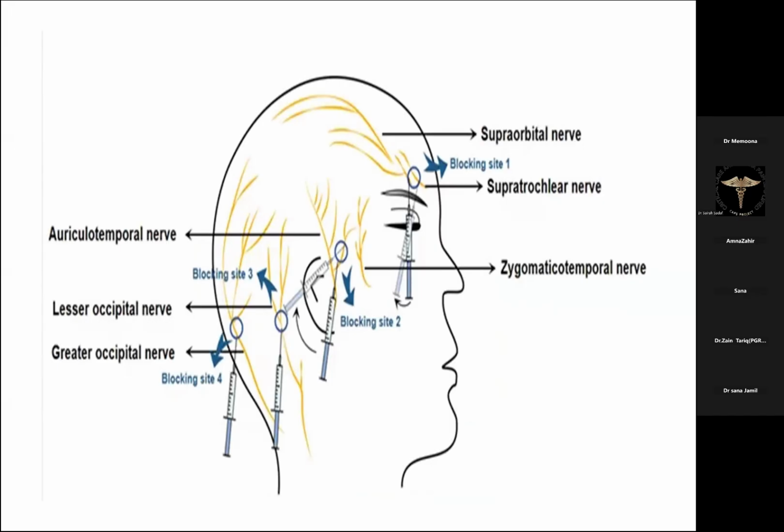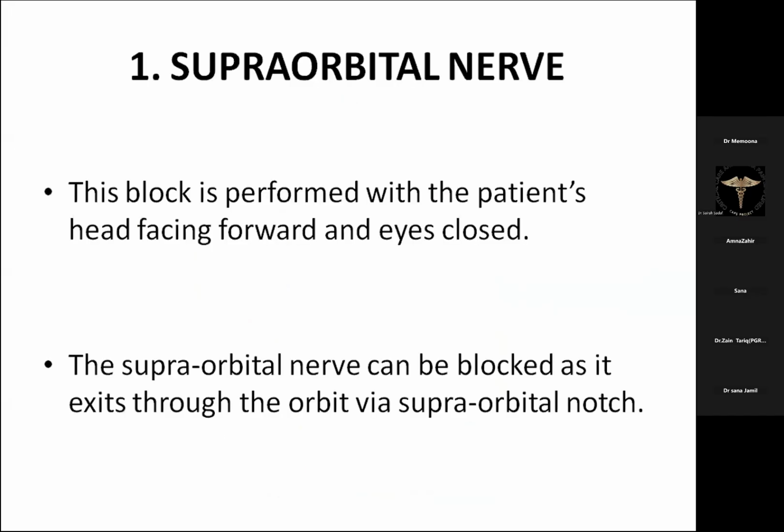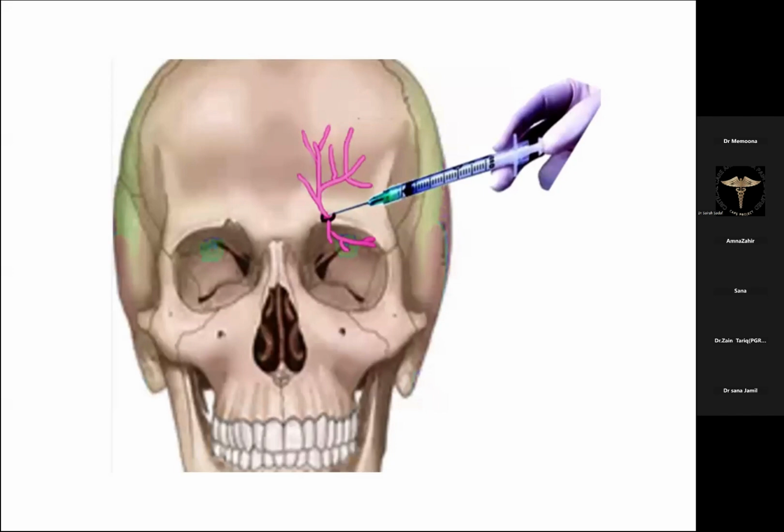The first one is the supraorbital nerve. In order to block it, we need to identify the supraorbital notch, which is at the supraorbital margin. You can identify this by palpating it in the eyebrow region, but it may cause discomfort to the patient. The other technique is we ask the patient to open his eye and look forward.